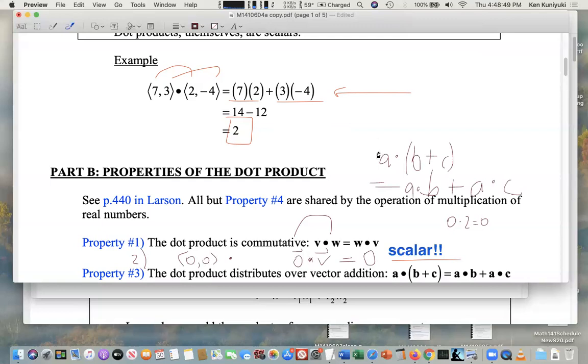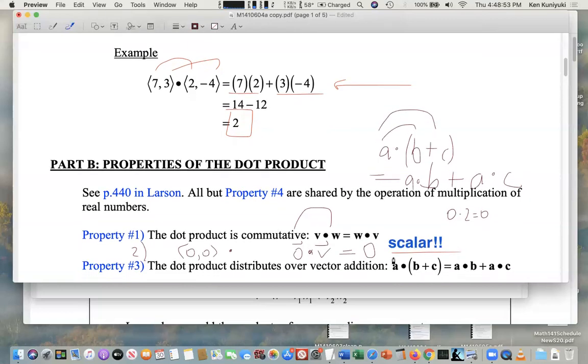Old school, multiplication distributed over addition. Similarly, the vector a dot producted with the vector b plus c. Remember, a vector plus a vector is a vector, assuming these are vectors in the plane. That will go without saying in our class. The result can be obtained by doing a dot b plus a dot c.